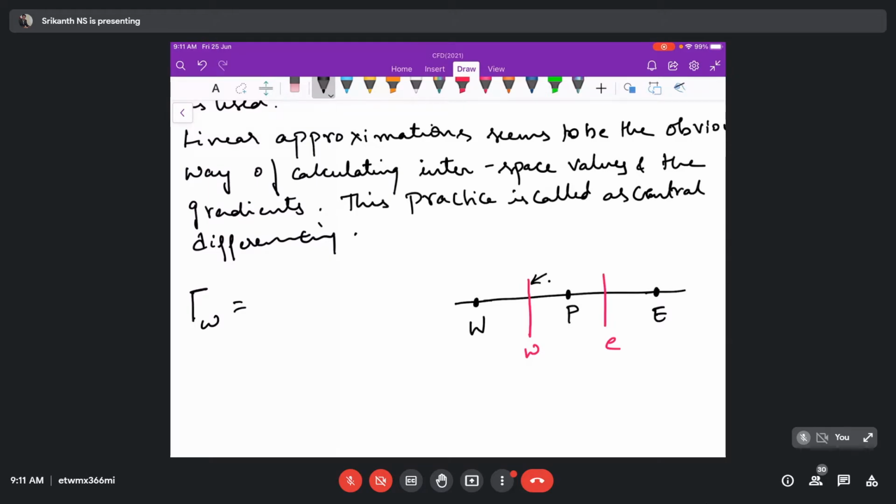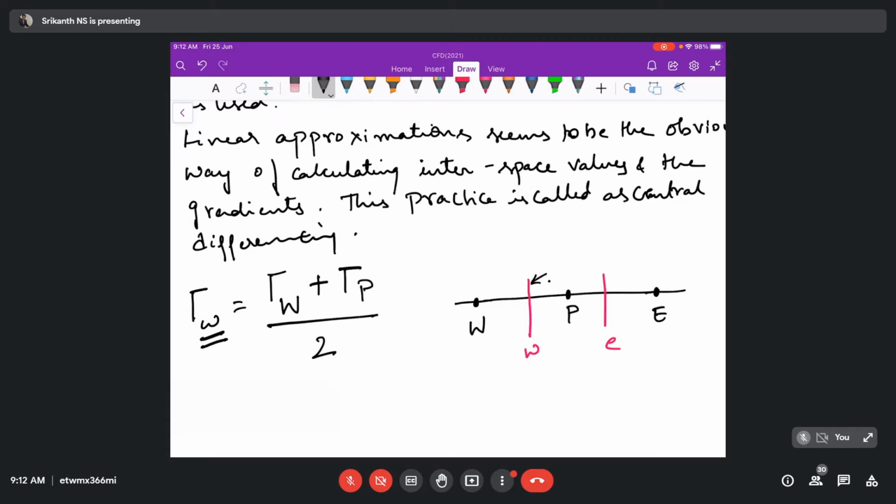The approximation we will make, please pay attention to this, is that gamma at w equals gamma at node W plus gamma at node P divided by 2.